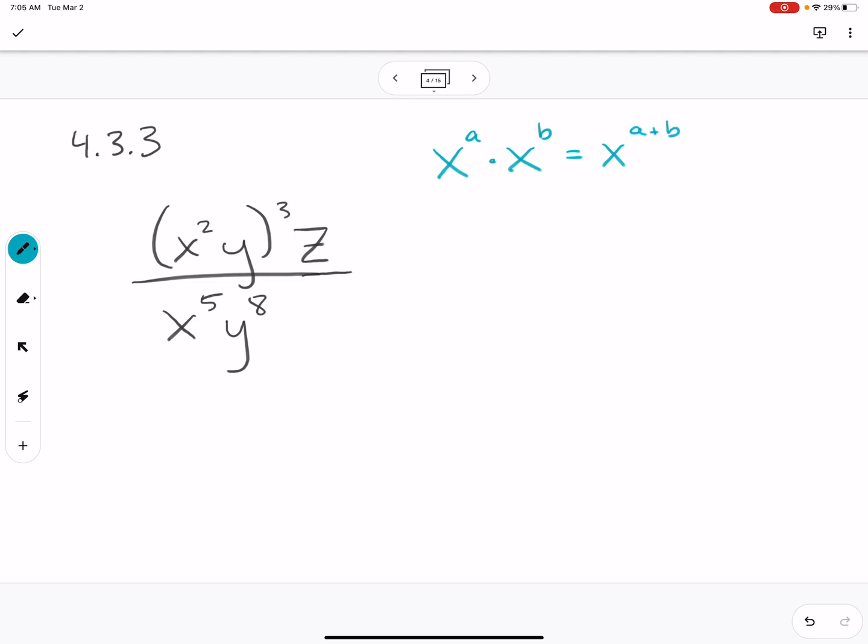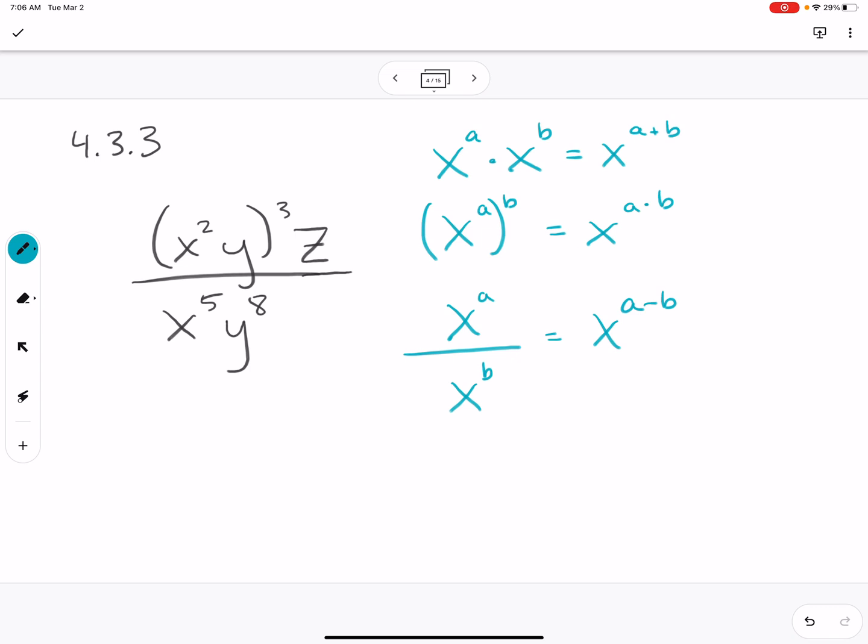If you have one base with two exponents and parentheses between them, you multiply those exponents. If you have two terms being divided with exponents, you subtract the top exponent and the bottom exponent.